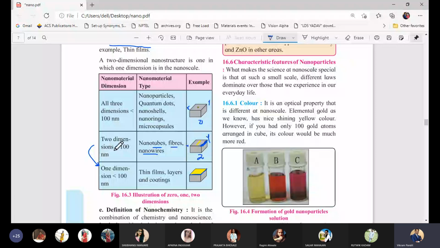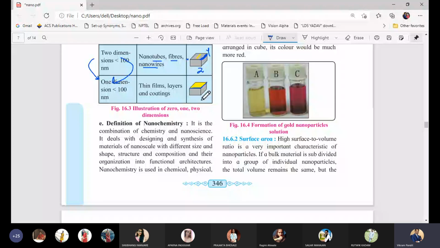Okay, so there is a definition of nanochemistry given. When we look for the definition of chemistry, what is chemistry? Chemistry is the study of the chemical compounds, which contains the chemical reactions, chemical structures, right?